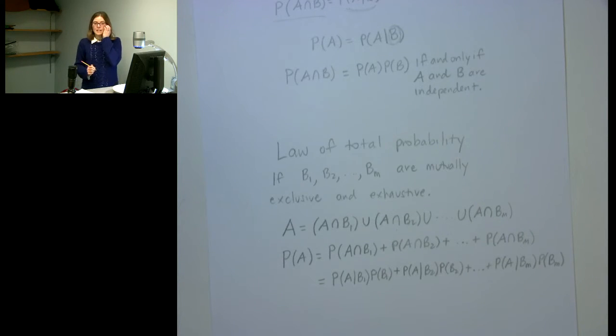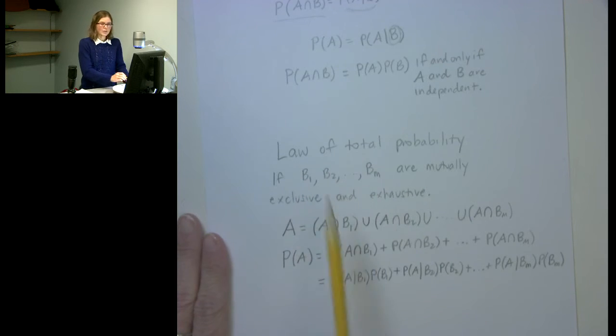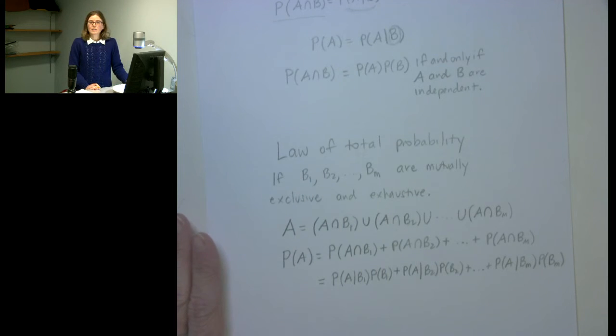And as I say, this is an extremely useful thing. We're sort of partitioning the sample space into these mutually exclusive events, and it gives us a nice way of working with these.